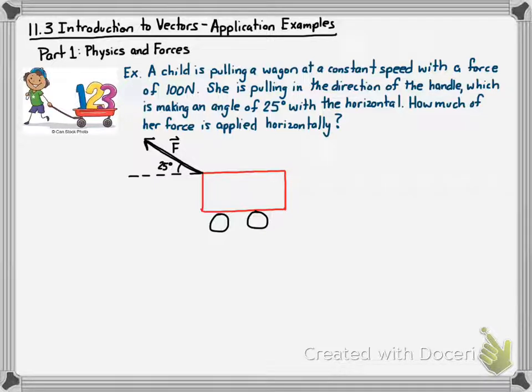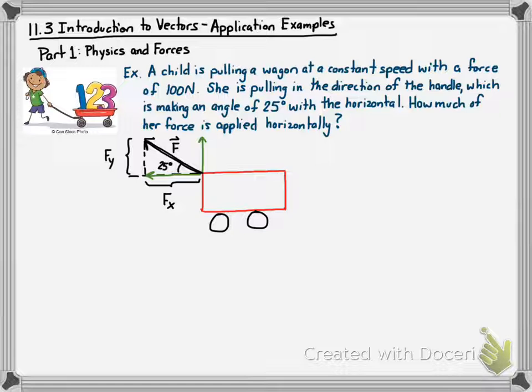I can create a right triangle with this force vector, and the portion in the horizontal direction we can think of as the x component of our force, and the portion in the y direction we think of as the y component. If I were to draw this with vectors, I could break up the force vector into a vertical vector and a horizontal vector.